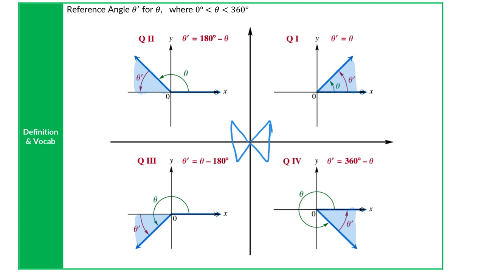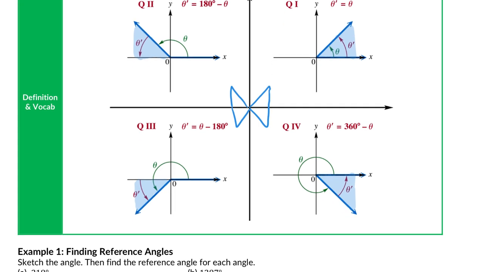It kind of looks like a bow tie to me. So as long as you are making a bow tie with the angles that you are using, basically going towards the x-axis, whether that's up or down, you are using the reference angle for that larger angle. Okay, let's just start there and make sure we know how to find these reference angles.